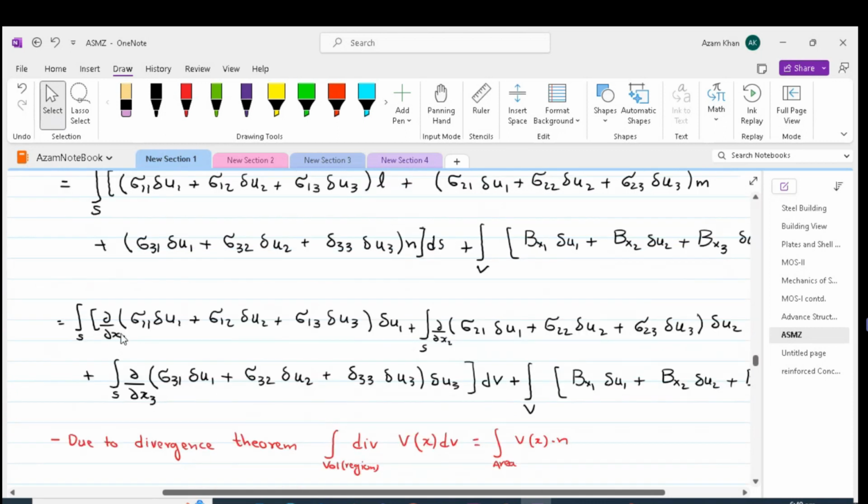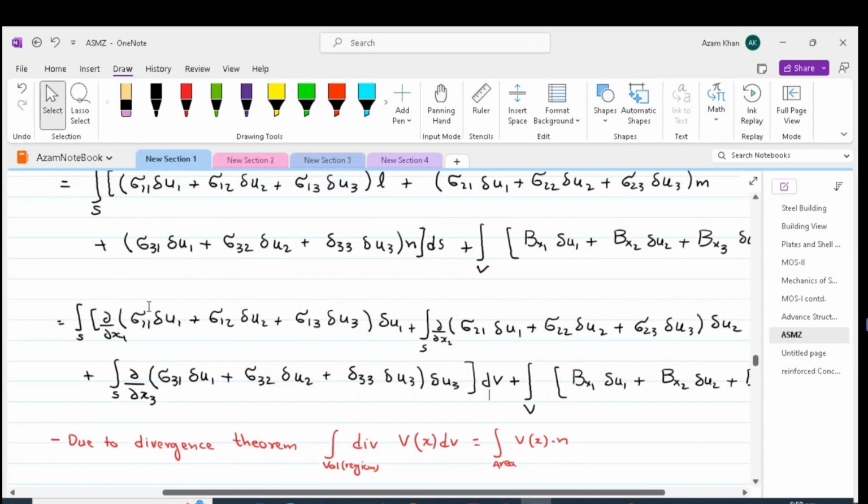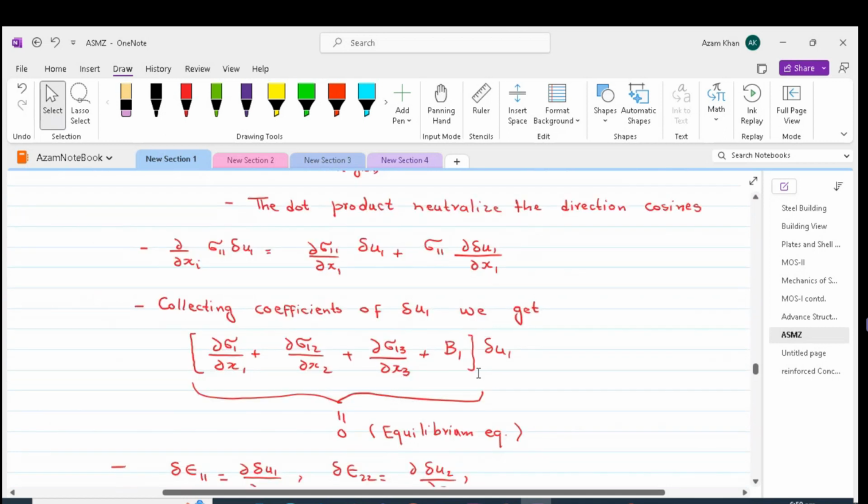We can find the partial derivative of all these terms corresponding to the three displacement components. After that, we can collect the coefficients of delta U1, and we will get partial sigma 11 by partial x1 plus partial sigma 12 by partial x2 plus partial sigma 13 by partial x3 plus b1.